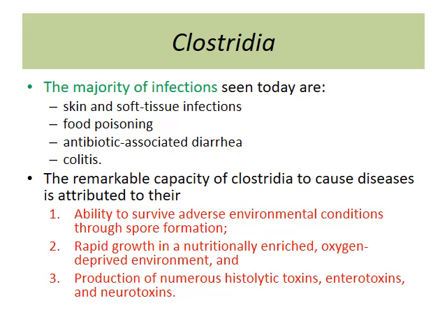And of course, these bacteria have an ability to survive in soil, water, and they are ubiquitous. They can stand adverse environmental conditions. They form spores. So that's another important thing. Remember, we talked spores, Bacillus anthracis formed spores. As far as their rapid growth is concerned, they need a nutritionally enriched, oxygen-deprived environment.